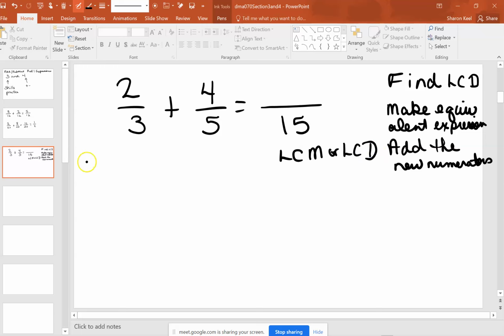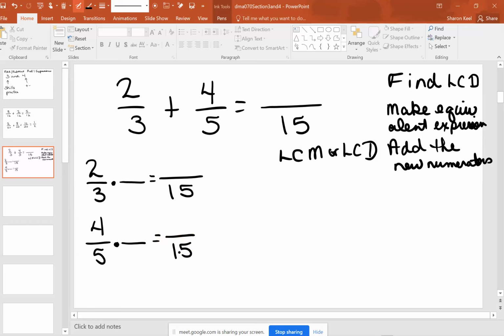In order to do this problem, I'm going to take the fraction 2/3, and I need to multiply it by something to get the denominator of 15. I also need to take 4/5, multiply it by something to get the denominator of 15. This is the part where I'm going to make the equivalent expressions. We can take any fraction and multiply it by 1 and have an equivalent expression.